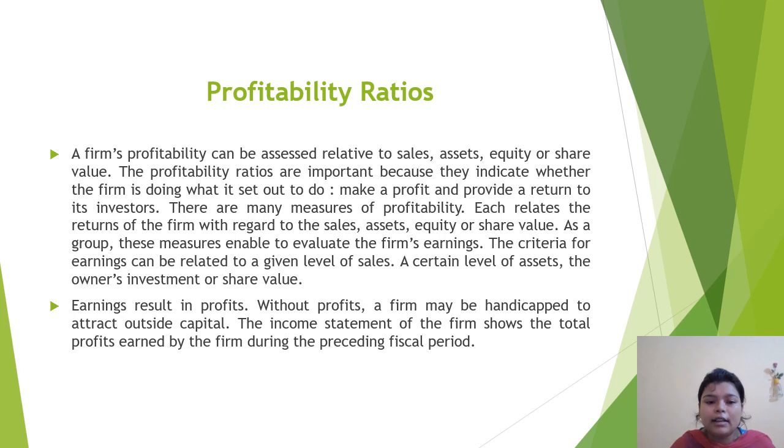Each relates the return of the firm with regards to the sales, assets, equity or share value. As a group, these measures enable us to evaluate the firm's earnings. The criteria for earnings can be related to a given level of sales, a certain level of assets, the owner's investment or share value. So, earning results in profit.